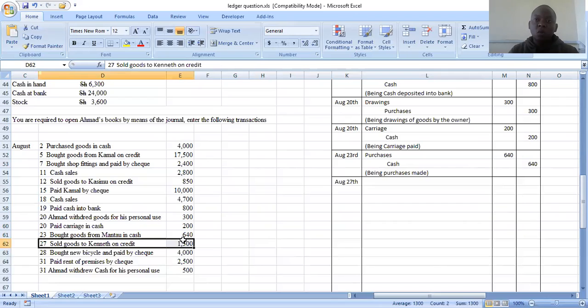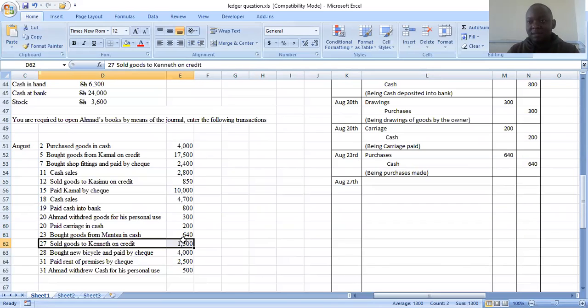So what do we do? Which account do we debit and which account do we credit? Sales is a revenue that is increasing, so whenever revenue is increasing, we credit. Therefore credit sales.